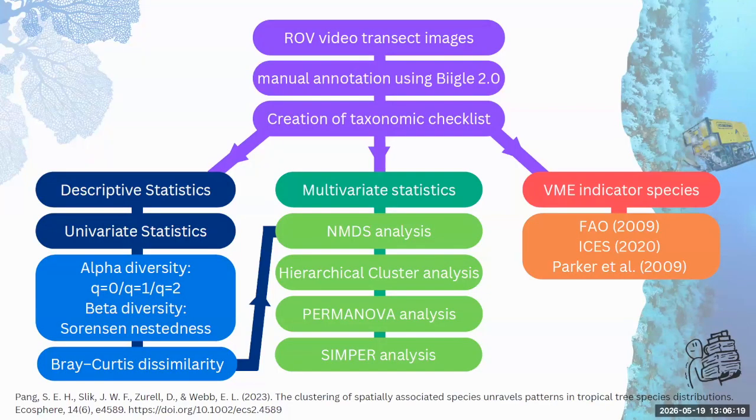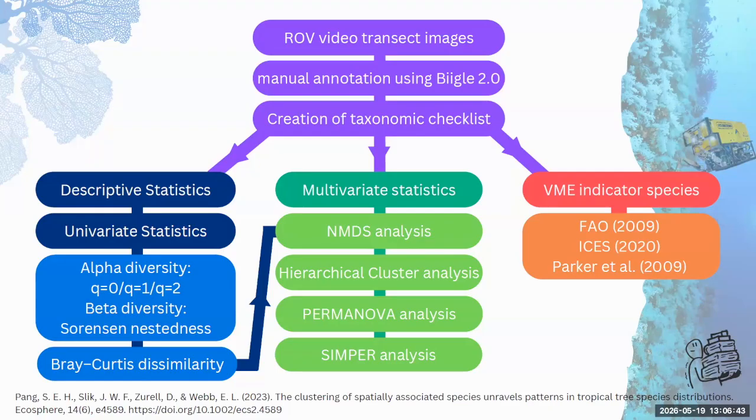So I followed this framework for the formal analysis. Initially, I identified the timestamps of the ROV video transects. Then I did manual annotations using Beagle 2.0, an online annotation platform. And then I created a taxonomic checklist.